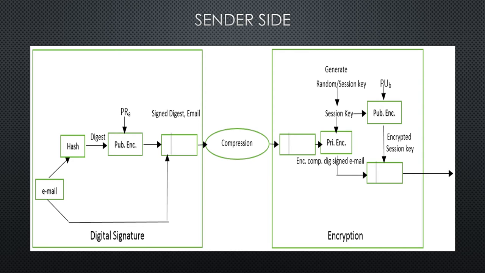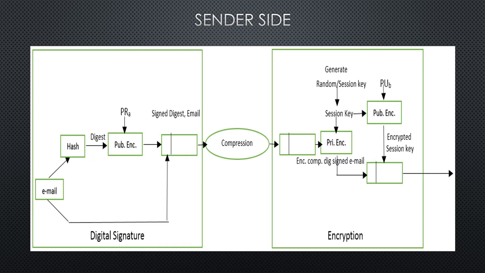Now, encrypted hash is prepended to email. Email and encrypted hash act as input to the zip compression algorithm to get the compressed email and compressed encrypted hash. The output of the compression is now encrypted using the IDEA private encryption algorithm.